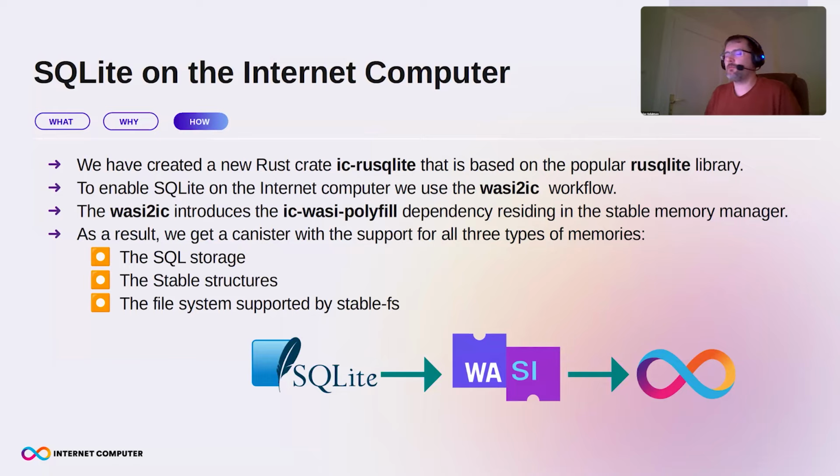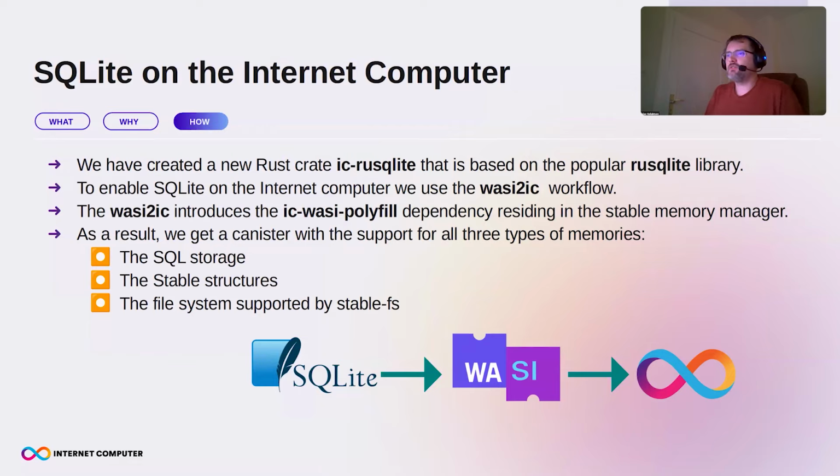The workflow is as follows: you use the WASI2IC tool to convert the compilation of SQLite to something that you can run on the internet computer. Basically, you first compile your SQLite to a WASI target, and then you use the workflow to convert it to a binary that you can deploy.